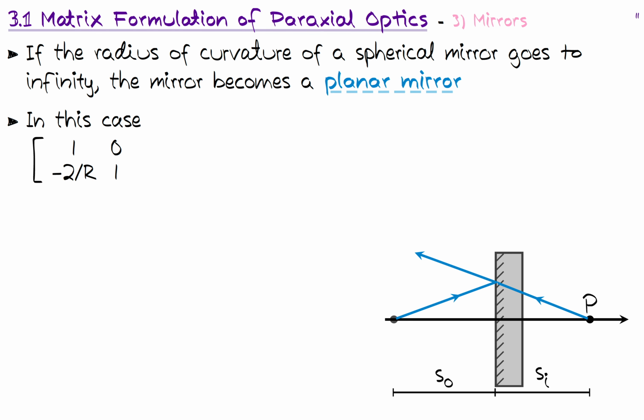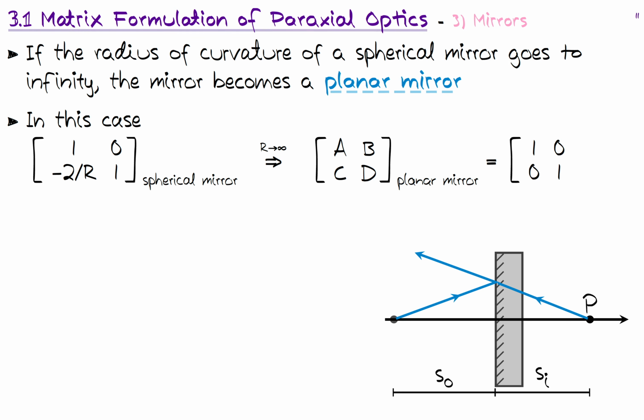And in this case, of course, we can simply take R to approach infinity, and we can write the ABCD matrix of a planar mirror simply as an identity matrix. So this is what happens when we let the radius of curvature tend to infinity.